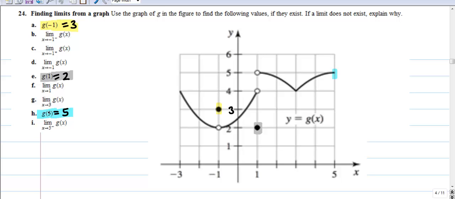All right. Now, let's look at these limits. As I approach -1 from the left, that would be approaching this way. And as I approach -1 from the right, that would be this way. But notice both of those go to the number 2.